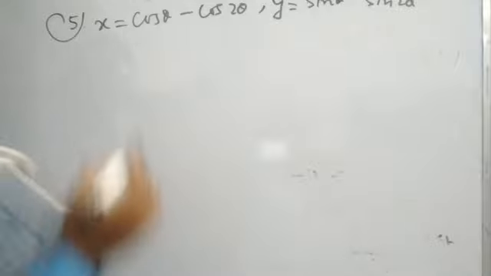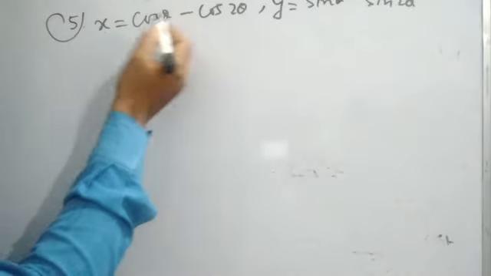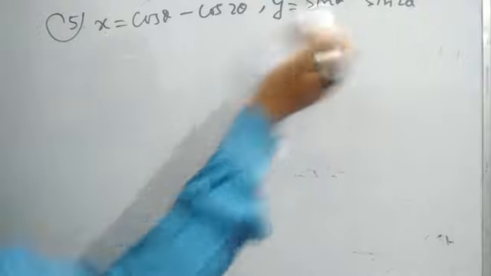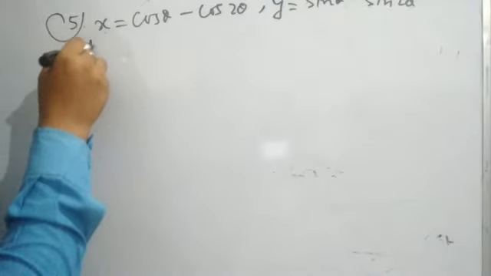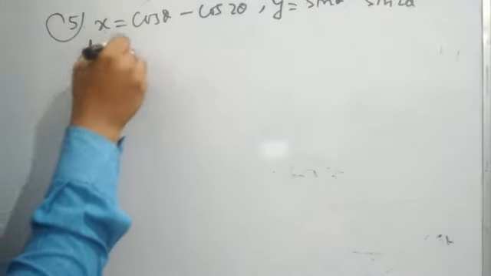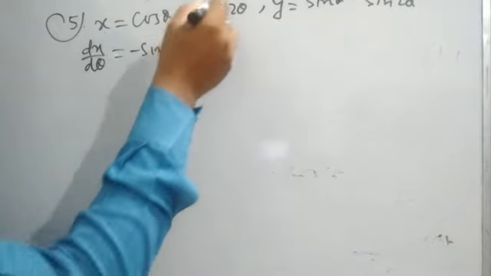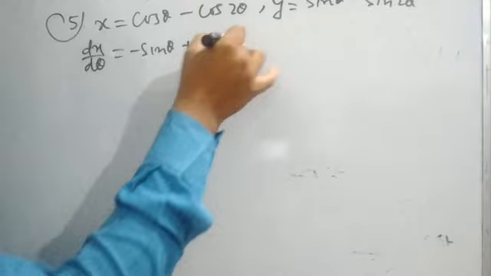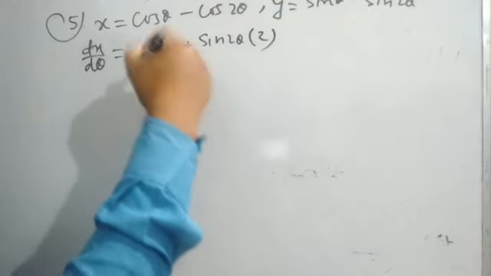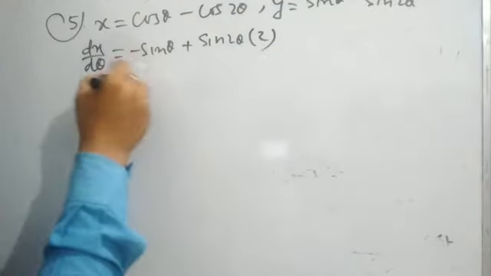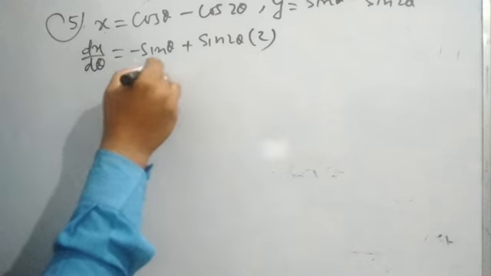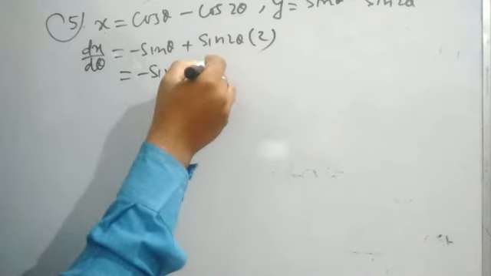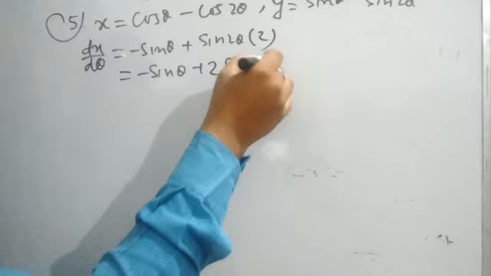Similarly, question number 5. x is equal to cos theta minus cos 2 theta, y is equal to sin theta minus sin 2 theta. So dx by d theta, that is minus sin theta, again plus sin 2 theta into derivative of 2 theta, which is 2. Then we will get minus sin theta plus 2 sin 2 theta.